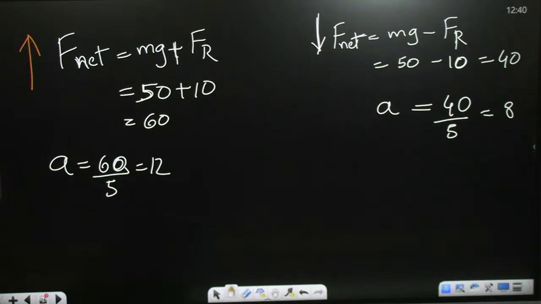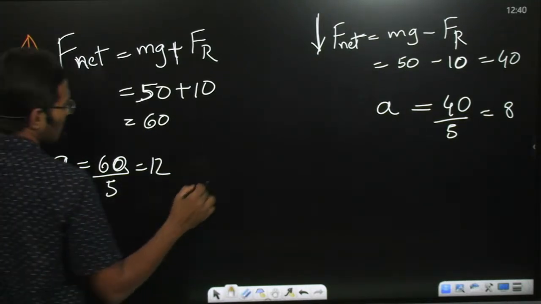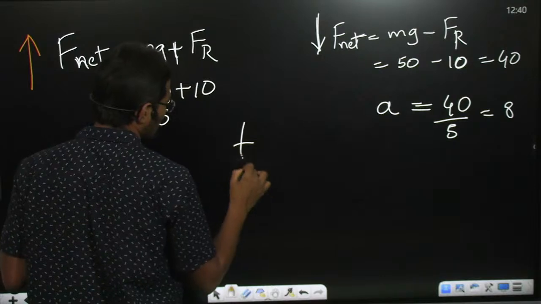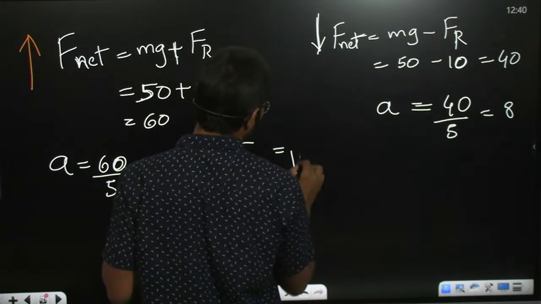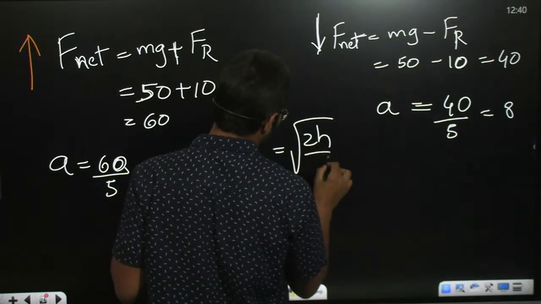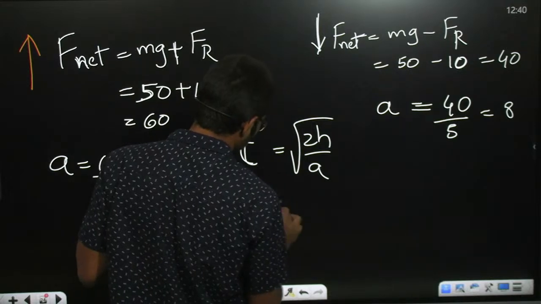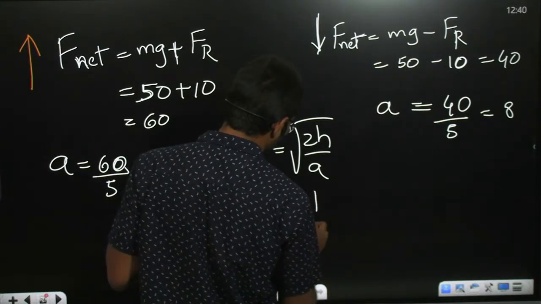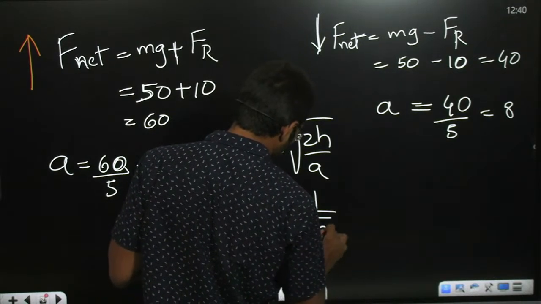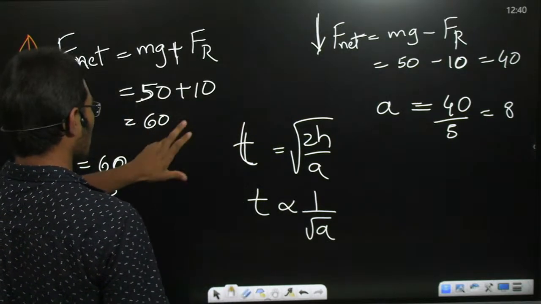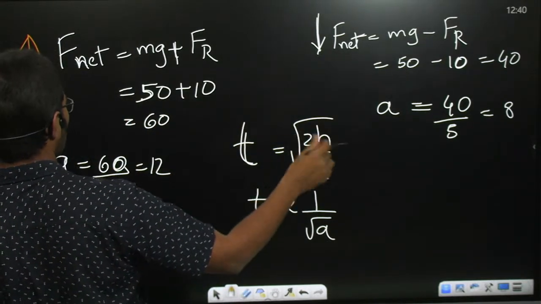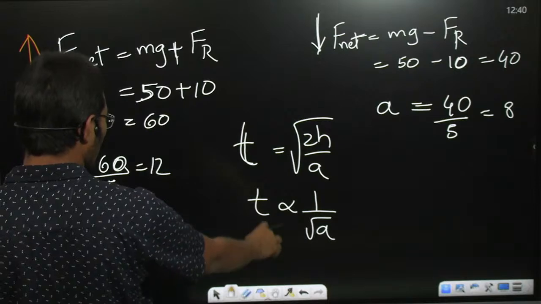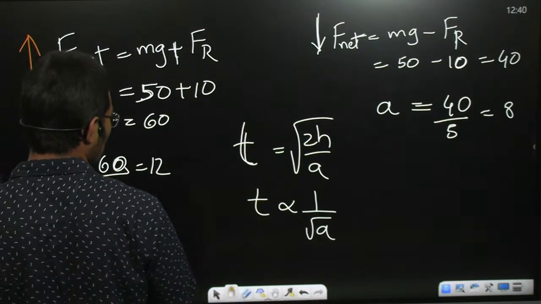So we got different accelerations: while going up it is 12 and while coming down it is 8. From basic fundamentals, the time of ascent or descent is equal to under root 2h by a, so time is inversely proportional to root a. You can derive this using kinematics of motion, but this is basically a shortcut.